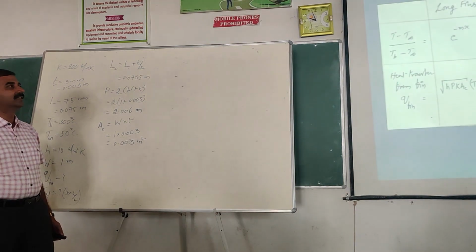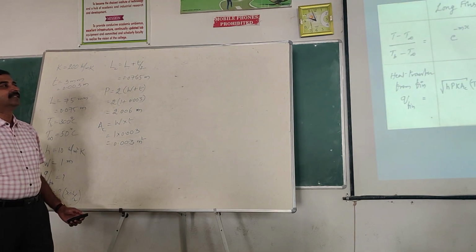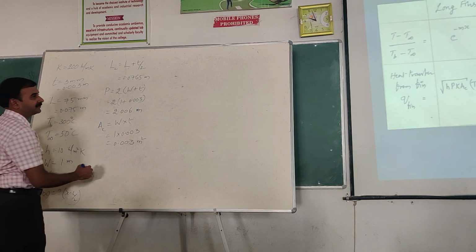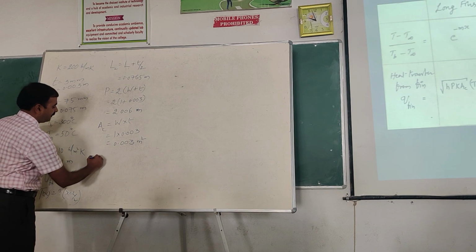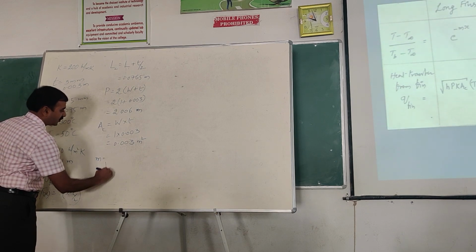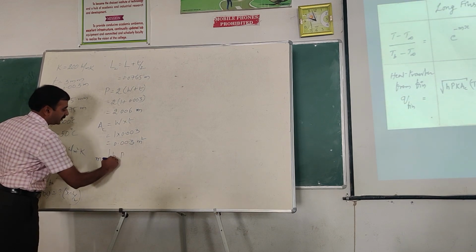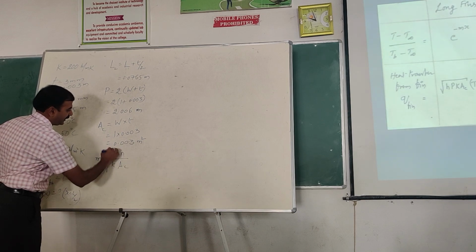What else do you need? Think of this formula. You have to find m. So m is square root of hP by kAc.